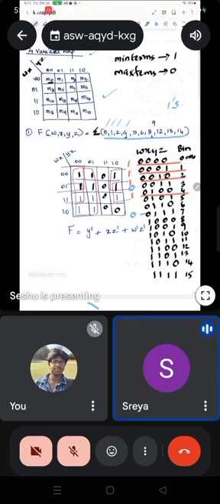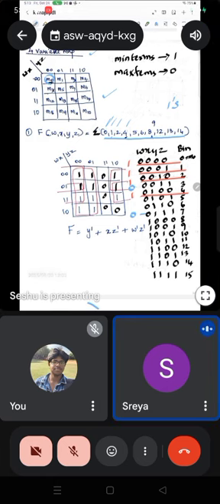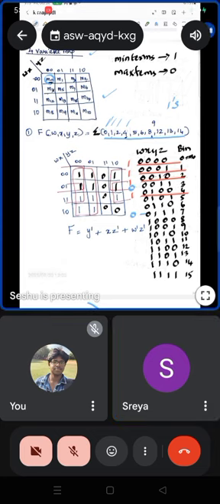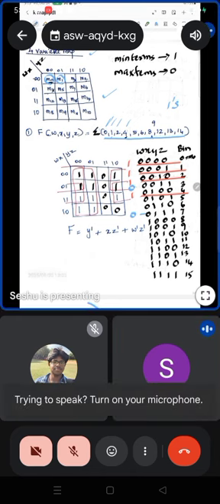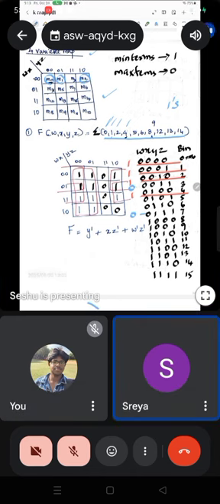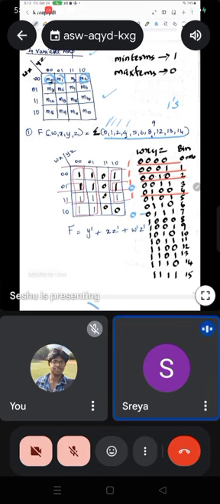0, 1, 2, 4. 0 means this is M0 here, in the square bracket. Then 1, then 2. 2 is here, where I am drawing, M2.